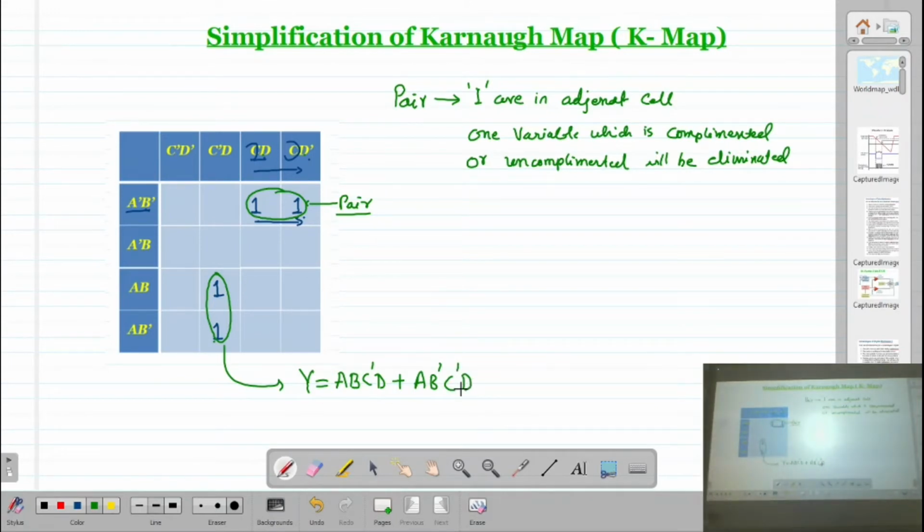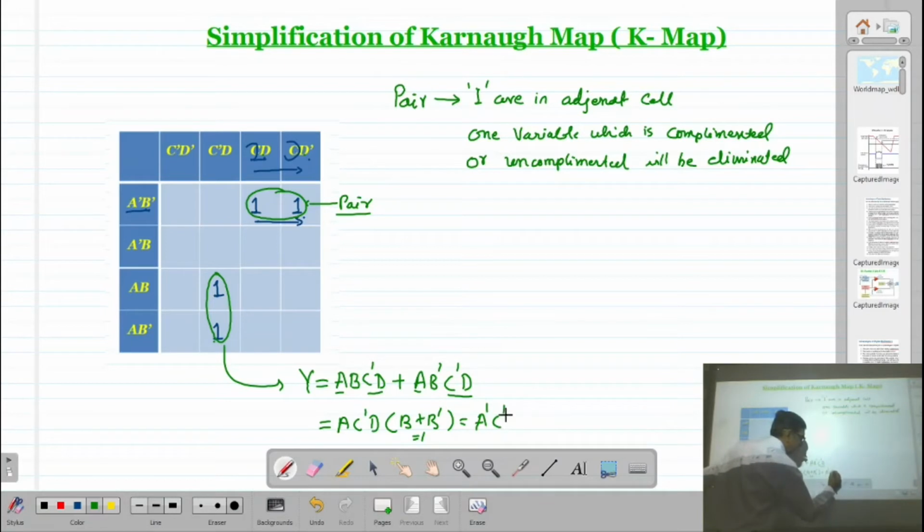Correct? Now in this expression, what is common? A is there, c prime d is there. So I will write a c prime d into the bracket b plus b prime, and b plus b prime is 1. So here we have a c prime d.